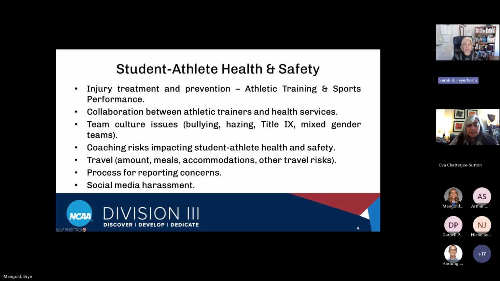The thing I've noticed as a big risk is the collaboration between athletic trainers and your health services folks. Ultimately, your health services have the institution in mind. Hopefully your athletic trainer and whoever your chief medical officer is at the college have the express responsibility to make sure student athlete health is first and foremost, not their importance to whether they can play in that game or whether the team needs them to win.